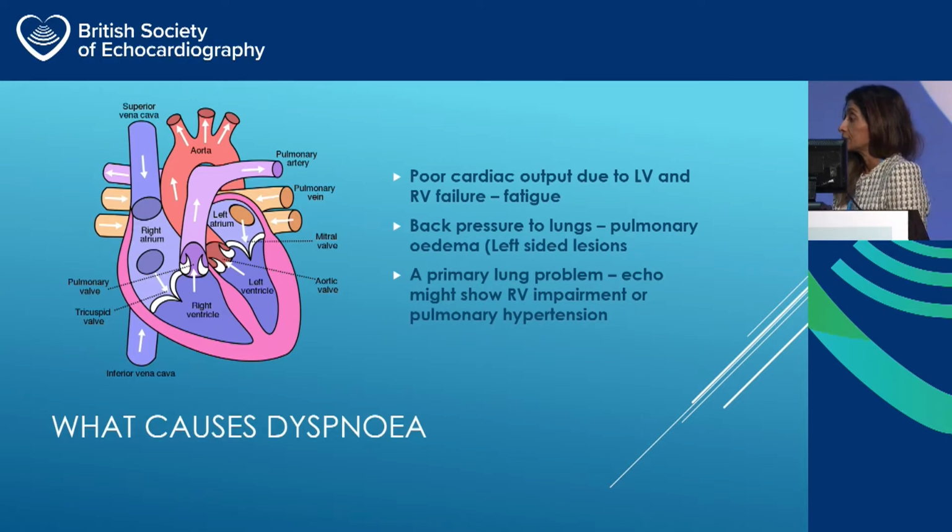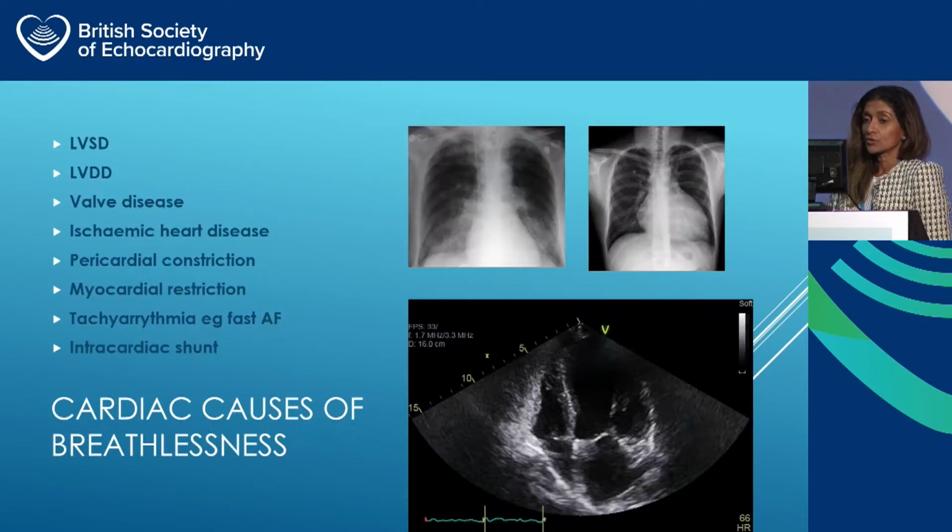But our echo can be helpful there because obviously if it's been severe and long-standing, it will cause back pressure to the right side of the heart and you'll have a dilated right heart, maybe elevated pulmonary pressures and possibly evidence of peripheral high volume and pressure with your dilated IVC, etc. So right-sided failure can be caused by lung disease, cor pulmonale, or left heart disease, congestive cardiac failure. So it's already closely interlinked, the symptom of breathlessness and changes that you'll see on your echo.